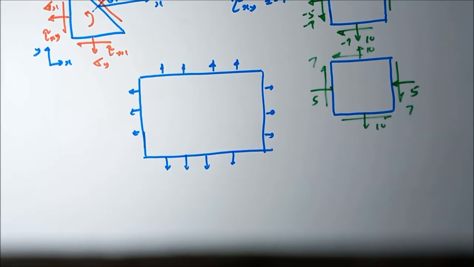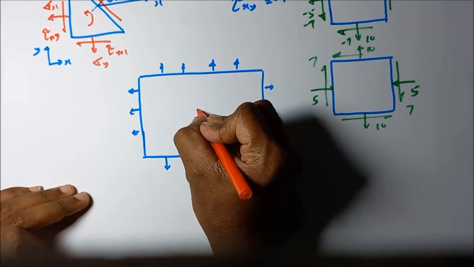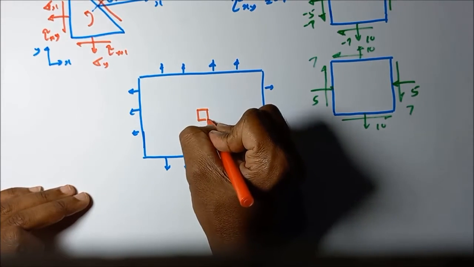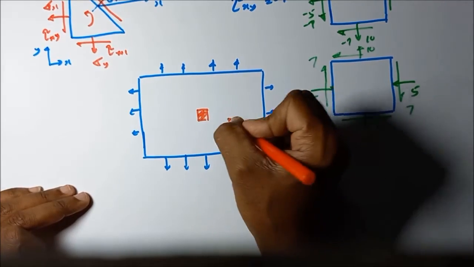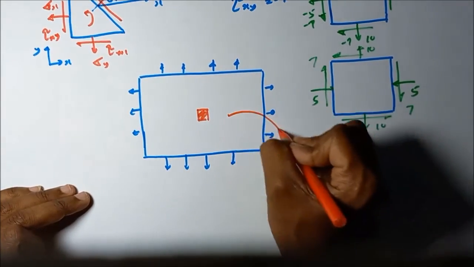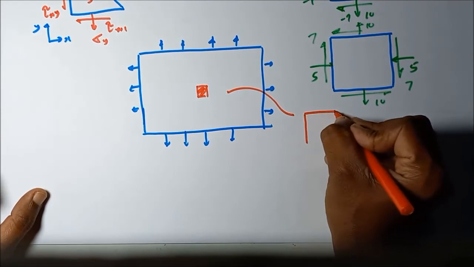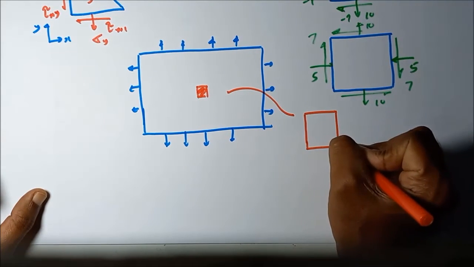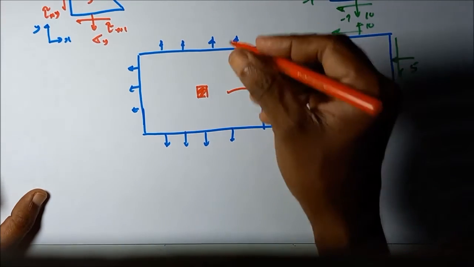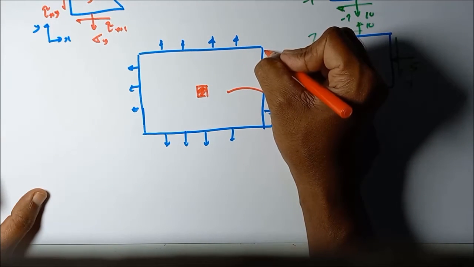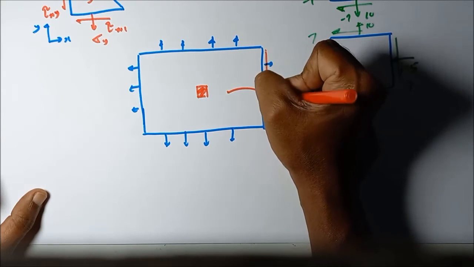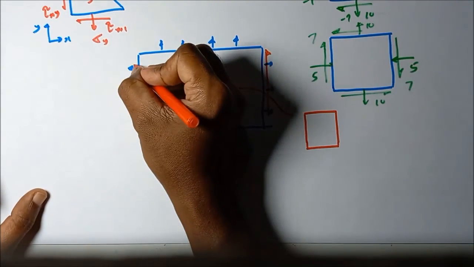Distributed load. So then, the stress acting on this: let's take an infinitely small stress element. The stress acting on this infinitely small stress element we can represent. Okay, and let's take it is also subjected to shear forces.